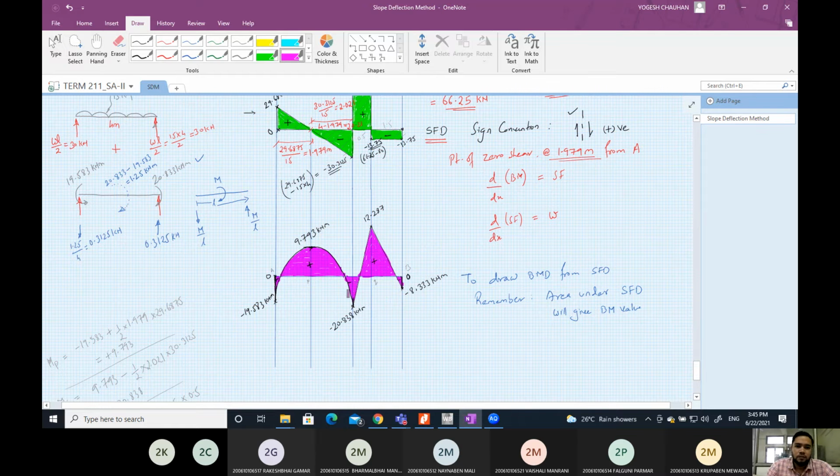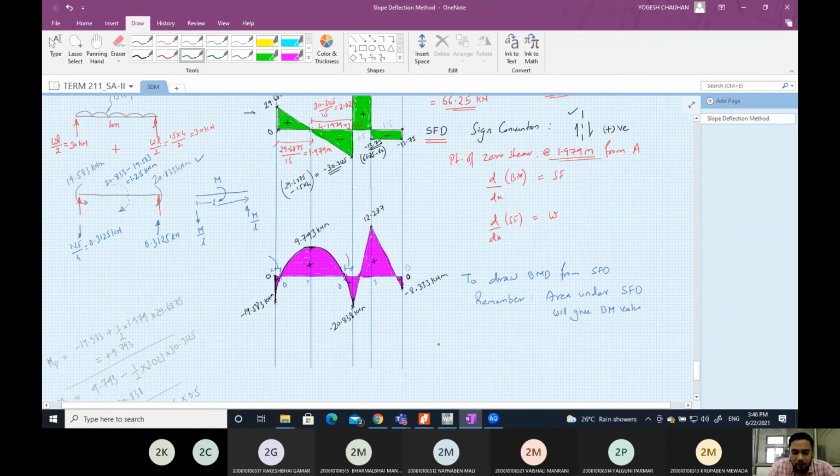Okay. So, and you have to find these 2 points of zero shear also. This is one point of zero shear, point of contraflexion, point of zero bending moment, because the bending moment is 0 here, the bending moment is 0 here, and this distance. Now here you have to equate the bending moment to 0.